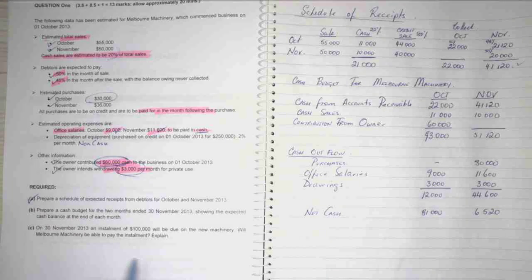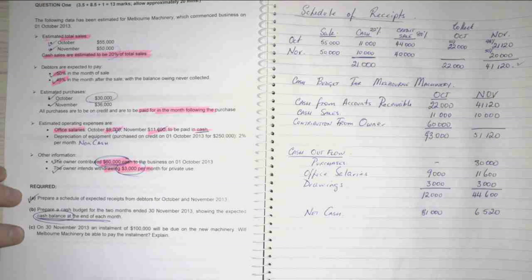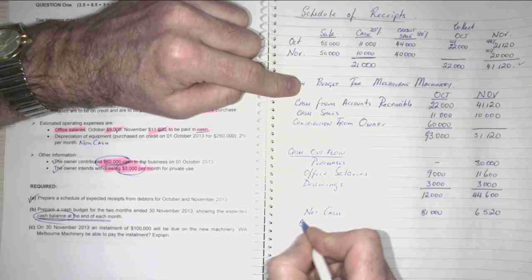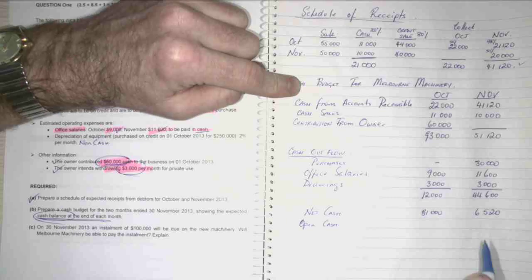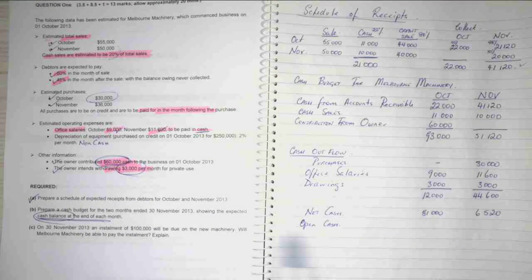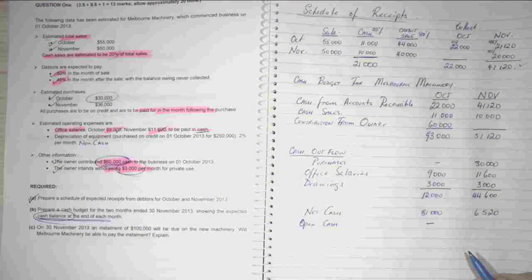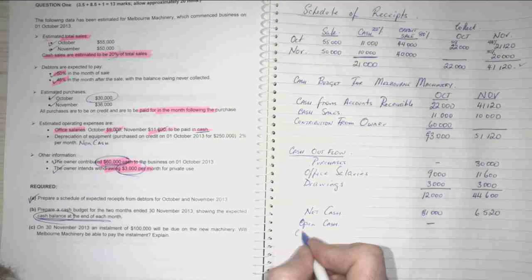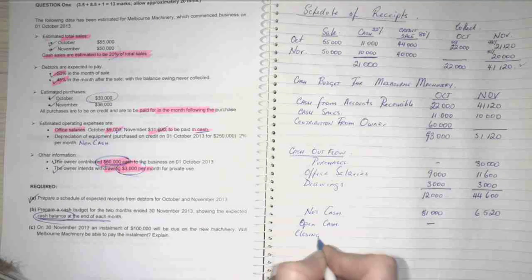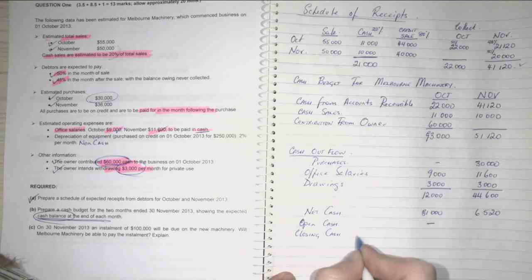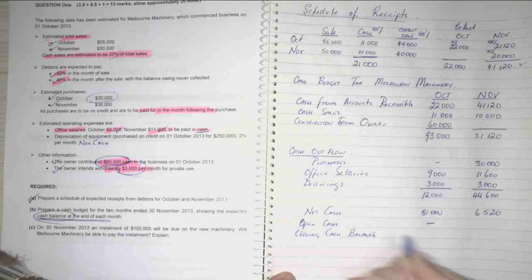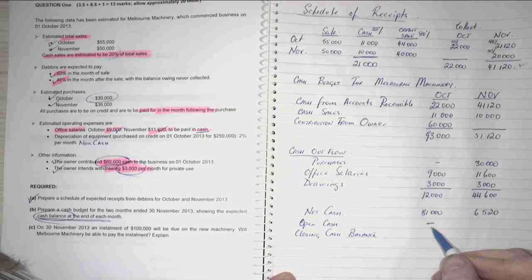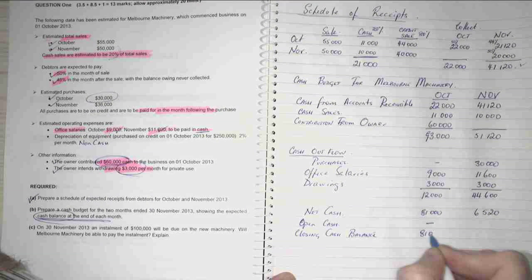It says showing expected cash balances, so I need to show the cash balances at the end of each month. Now my opening cash position: it doesn't tell me that I've got an opening cash balance, so I'm just going to make it 0, and that'll give me my closing cash balance. So my closing cash balance is 81,000 plus 0 is 81,000.